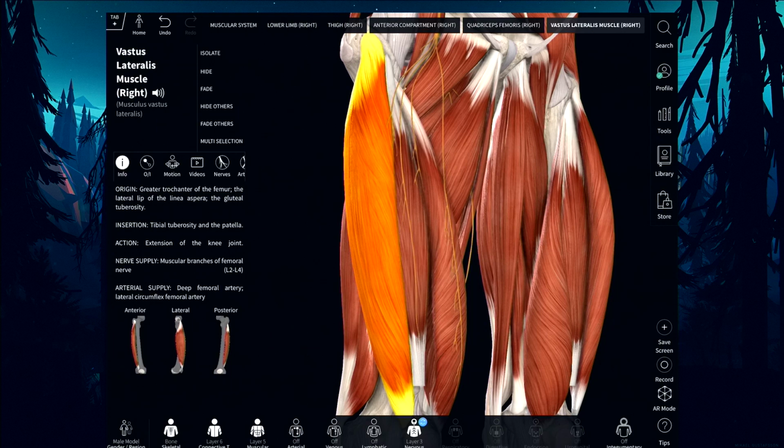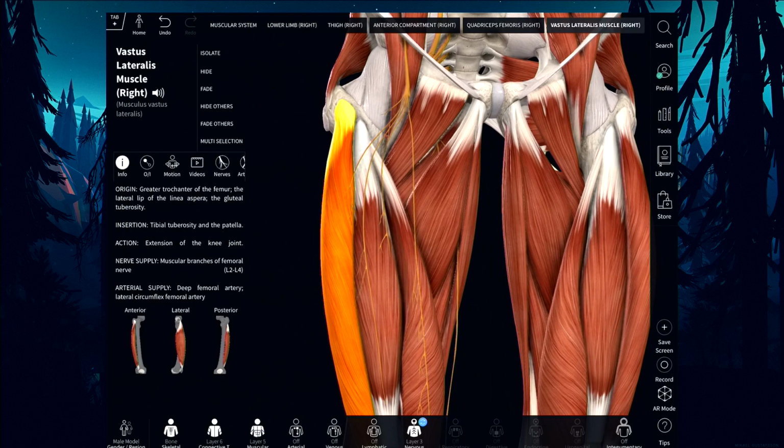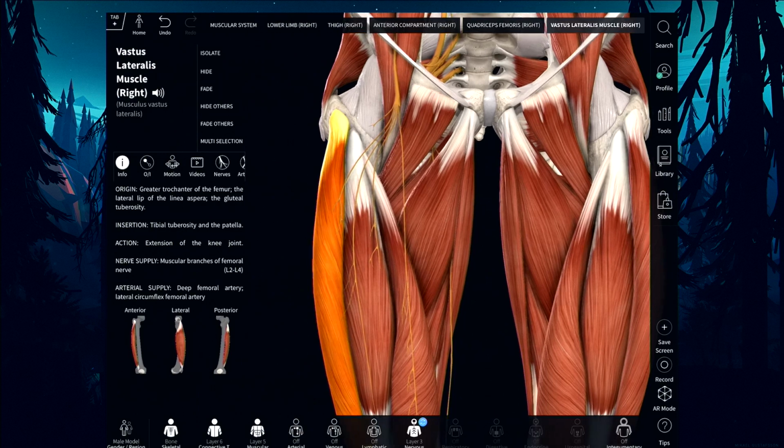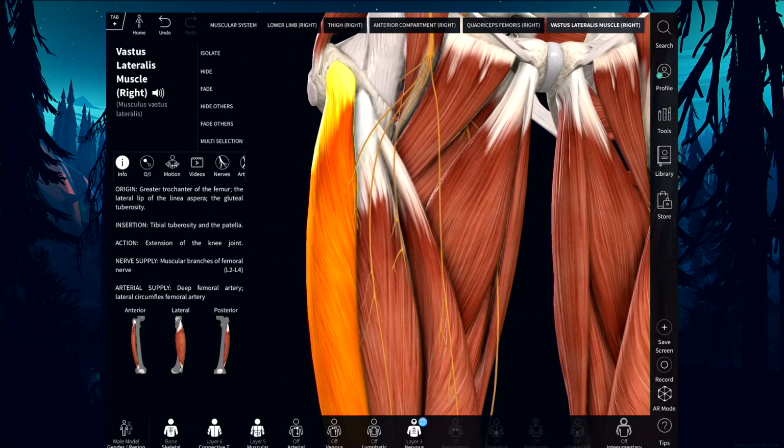And the reason for that is it is safe. Easy to access, and it's safe. So just take a look at the nervous innervation nearby. There's a lot medially. There's very little laterally at the vastus lateralis. Well, what about the femoral artery?